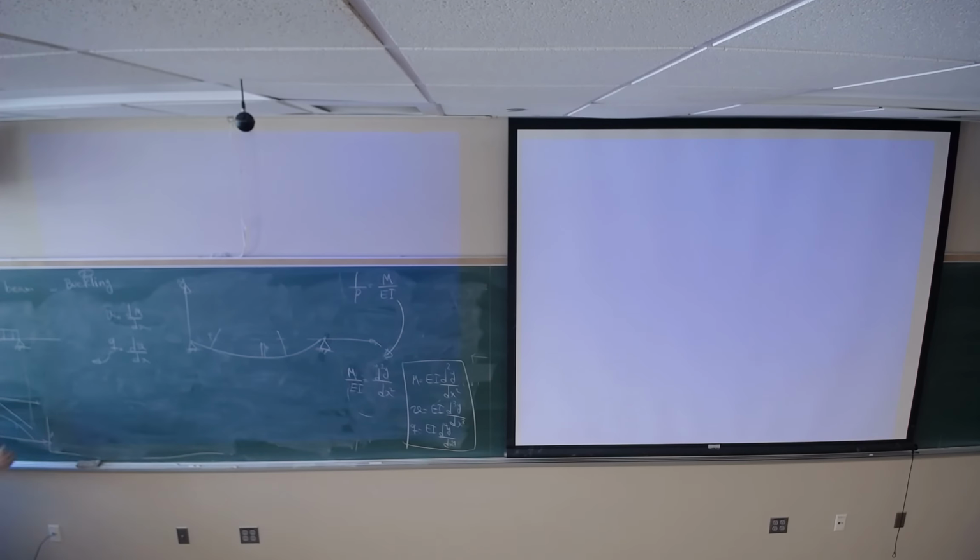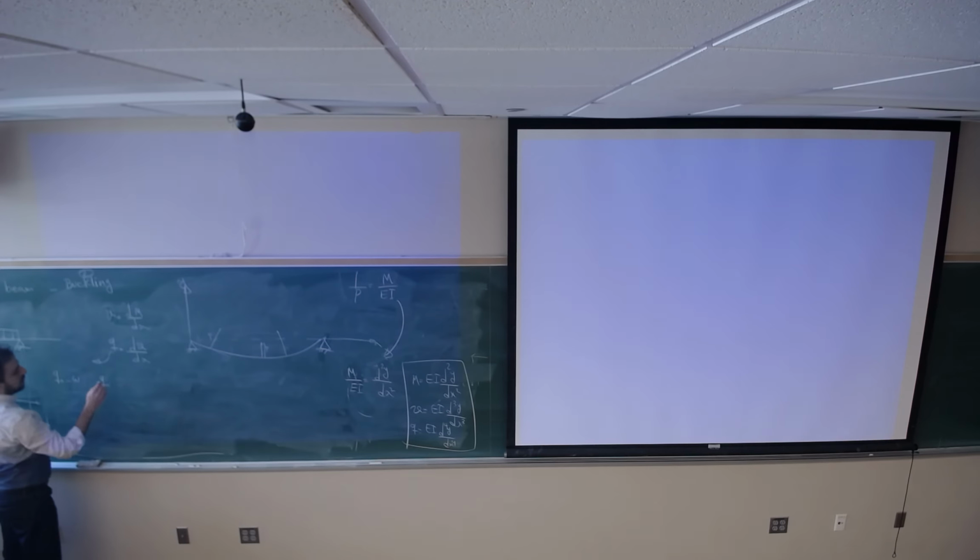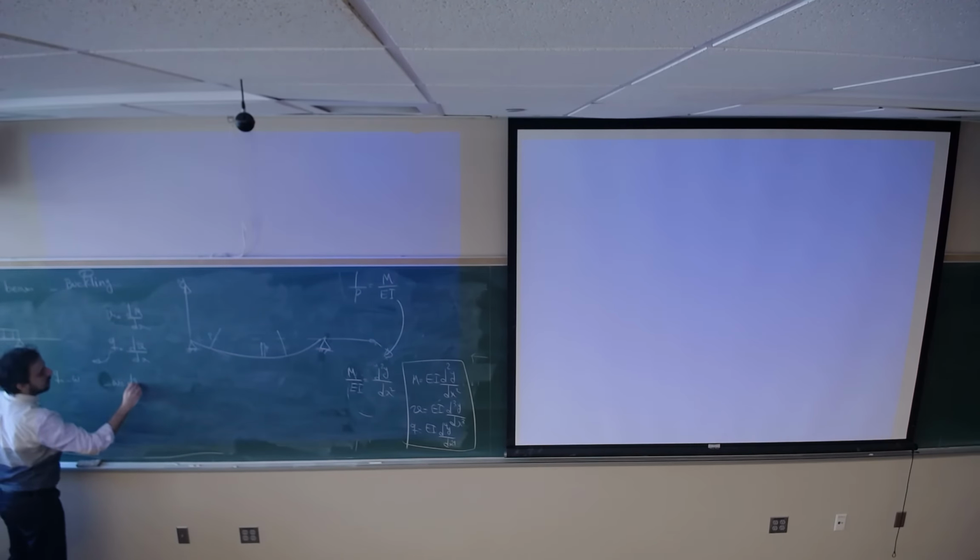So for this given problem, I know that Q equals negative W. The load density is going downward, so it should be negative W. So Q, which is negative W, would be dV over dx.